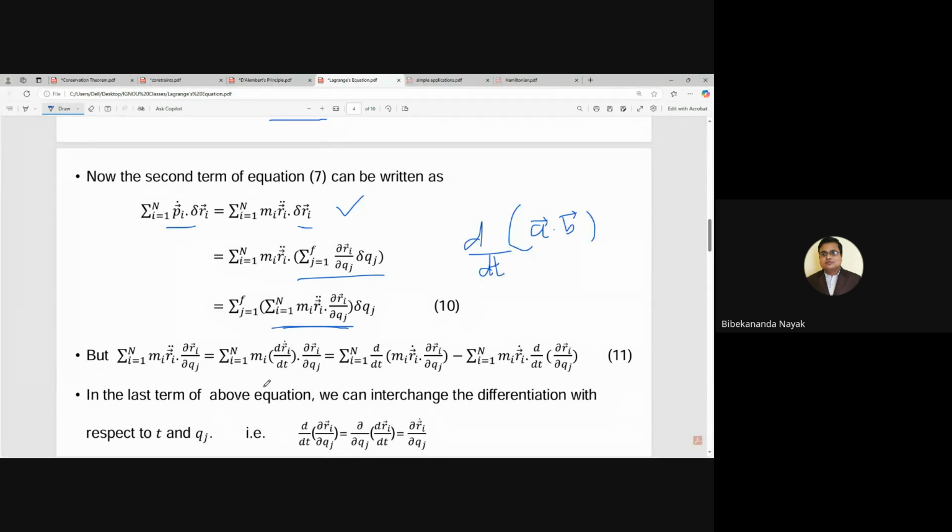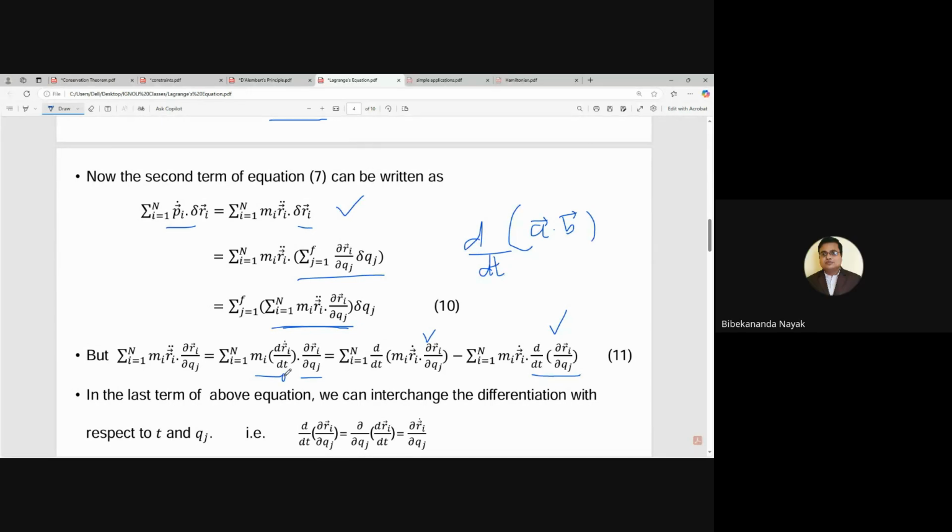Now I take the derivative of the whole term mi ri dot dot del ri by del qj, minus mi ri dot dot the derivative of only del ri by del qj. Clear?